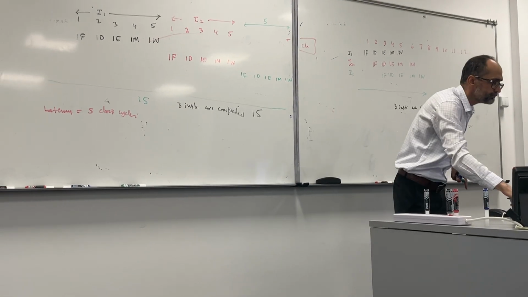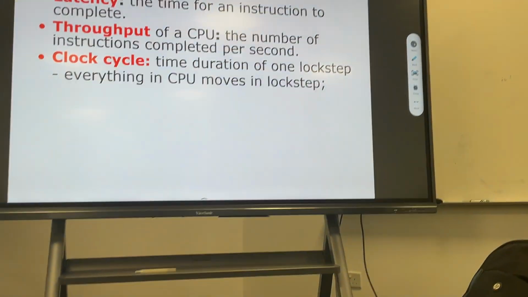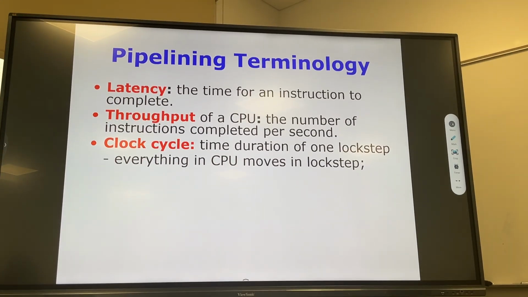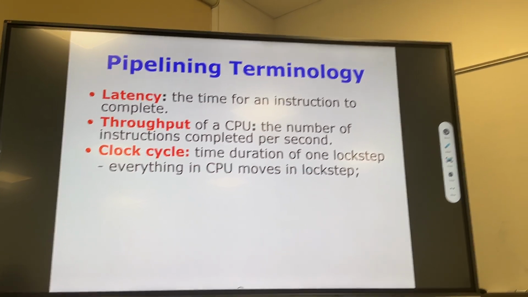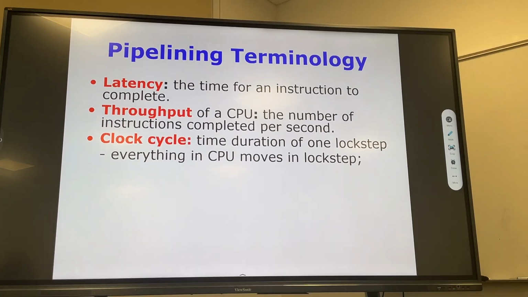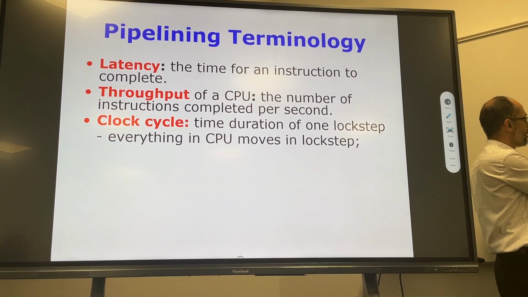Clear? The clock cycle is the time duration of one clock step; every processor moves in a clock. Please remember, in your digital system design, we have a clock cycle, with the rising edge of the clock.